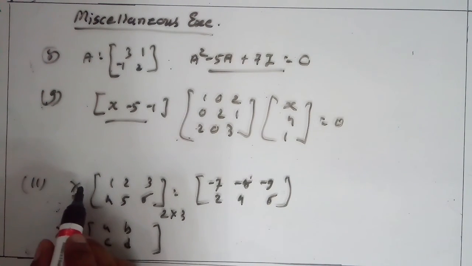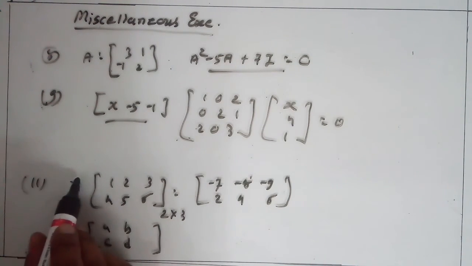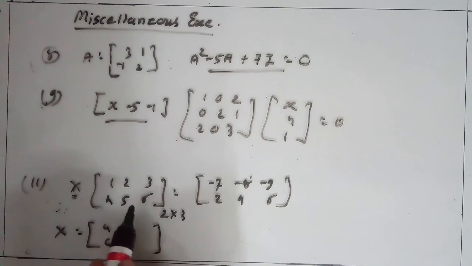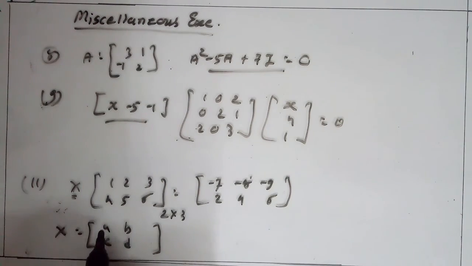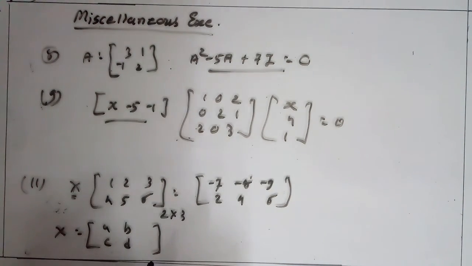Then A, B, C, D get matrix multiplication with this, compare with this matrix and get the values of A, B, C, D. Clear? Just try to solve this yourself.